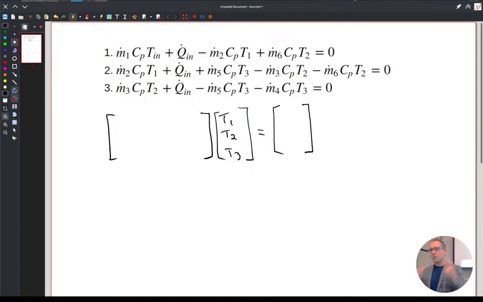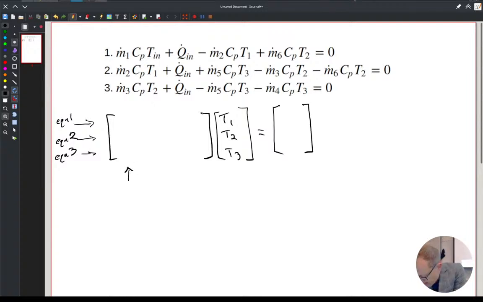At least the way that I think of it is every row is going to be my equation. This is equation 1, this is equation 2, this is equation 3. As I'm looking at equations 1, 2, 3, that's what I'm trying to transcribe into a matrix itself.